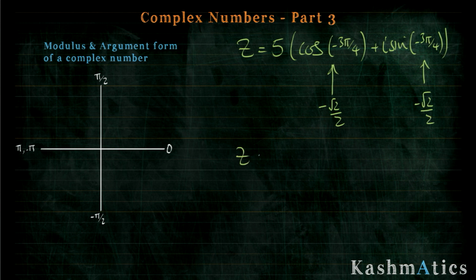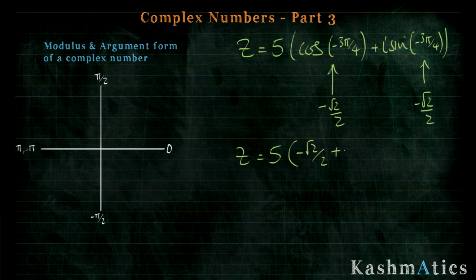So the whole thing, z is equal to 5 times minus root 2 over 2 plus i times minus root 2 over 2, and let's expand that, so it'd be minus 5 root 2 over 2 plus, well, it'd be minus again, 5 root 2 over 2 i, and that's all there is to it.